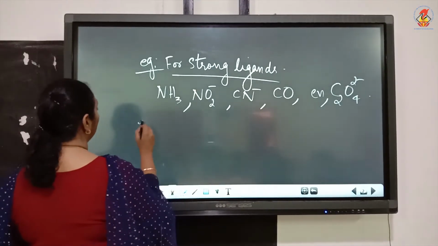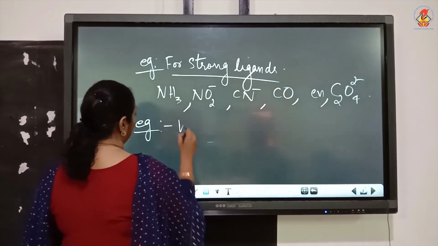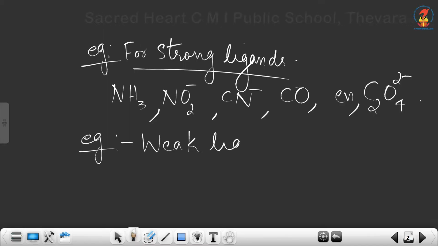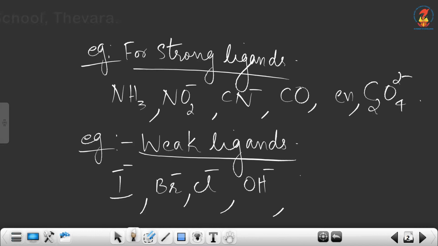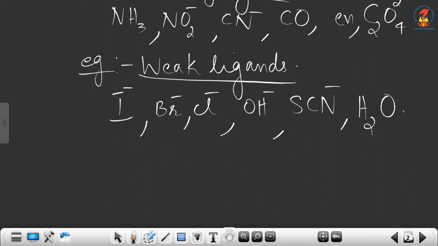Now example for weak ligands. Weak ligands are all halide ions, I minus, Br minus, Cl minus, then OH minus, thiocyanate ion and H2O. So these are the examples for weak ligands.